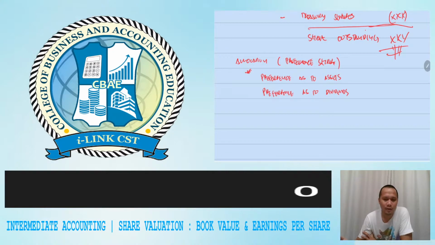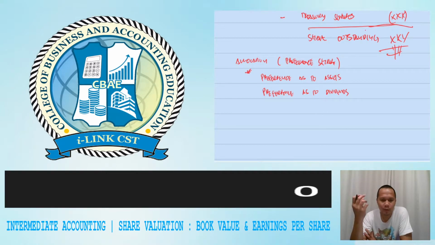Okay? It can be preference as to assets or preference as to dividends. Now, when we say that a preference share is preferred as to assets, okay? It literally means na we have to pay, or the assets of a corporation, okay?